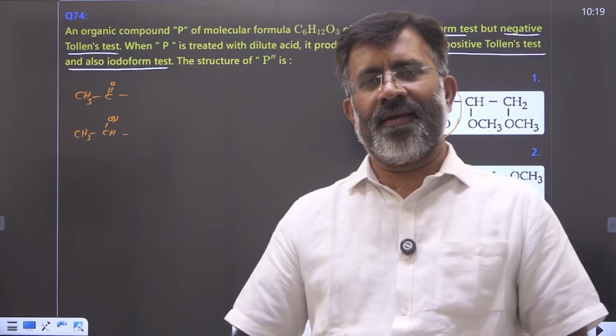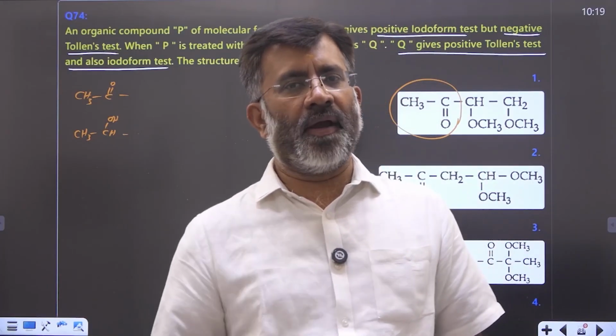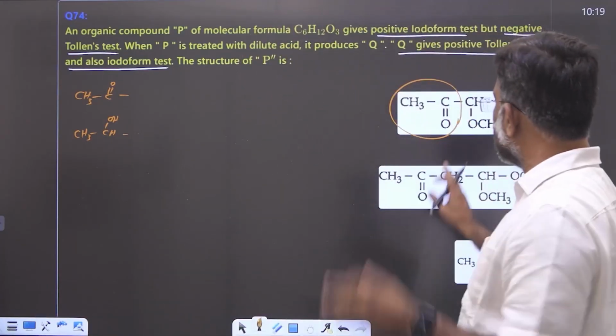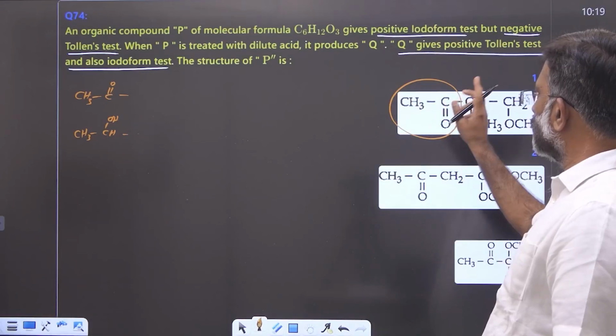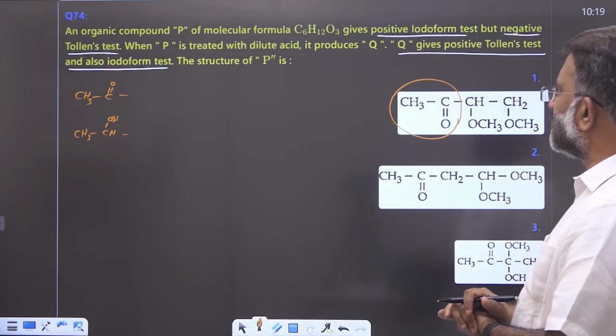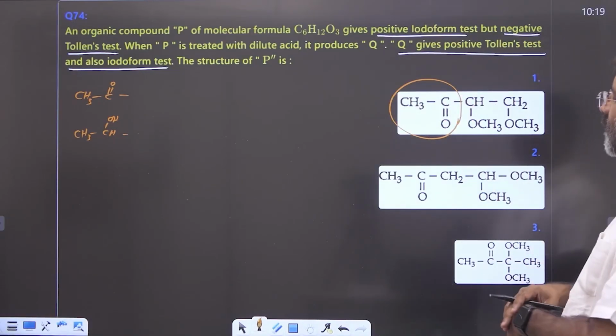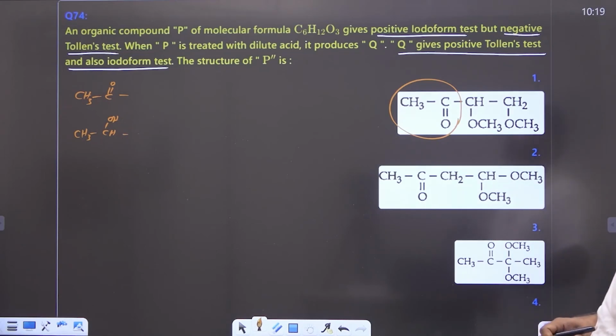With iodine and NaOH, you get the iodoform test. So this contains a methyl keto group, so it will show a positive iodoform test. And what about the Tollens test?